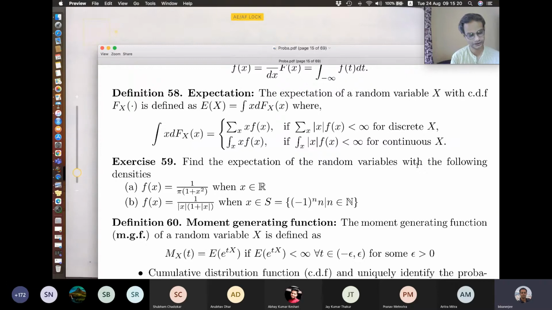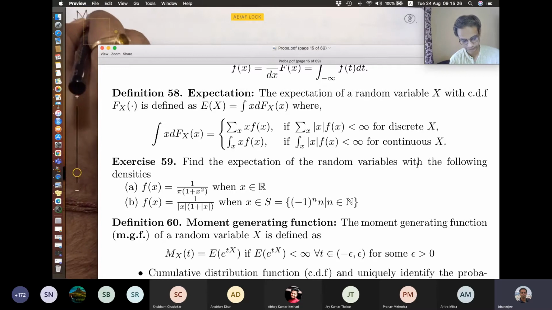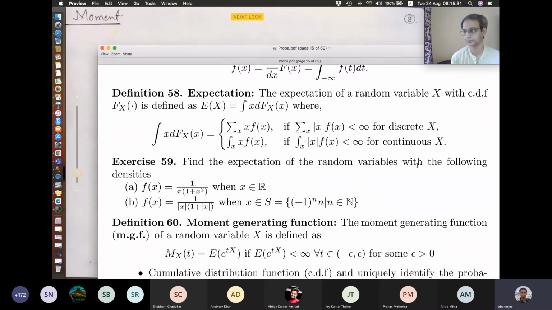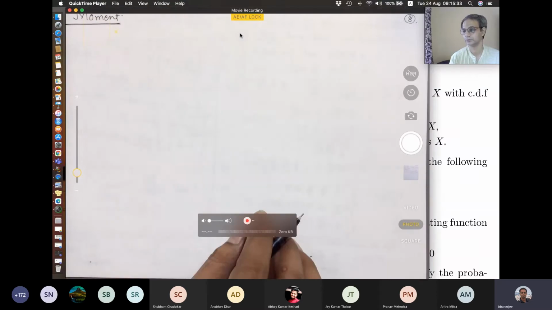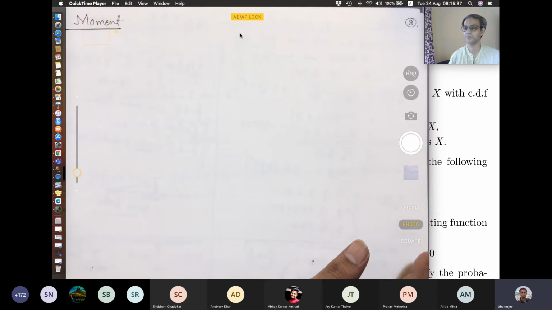Can anyone tell me the definition of moment from physics?